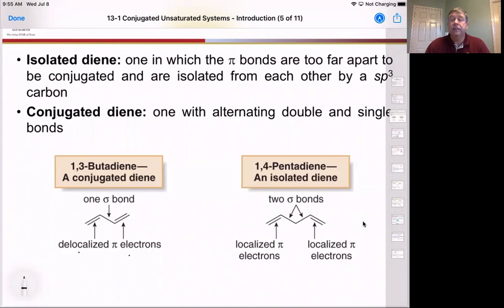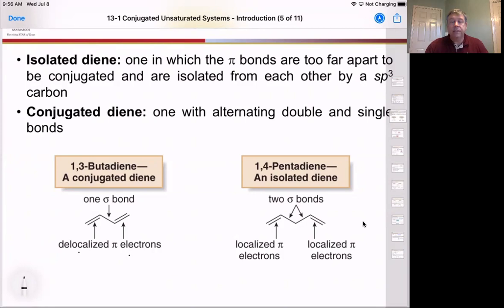This means there is an sp3 hybridized carbon in between the double bonds so that their p orbitals cannot overlap. The other type is what we call a conjugated diene. We have an alternating double bond, single bond, double bond, where we can have partial overlap of our p orbitals and our pi bonds across that sigma bond.